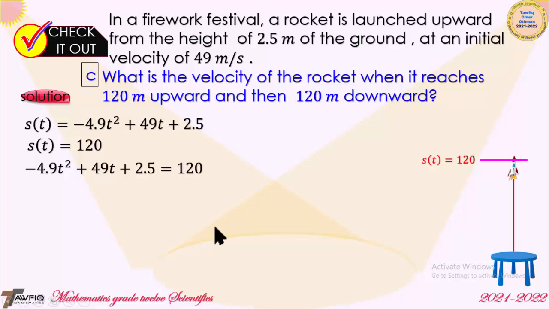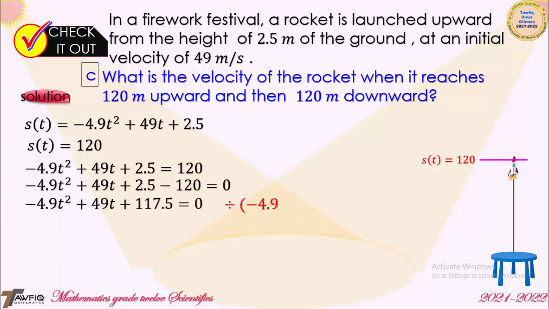By taking 120 from right to left and simplifying, it becomes t squared minus 10t plus 24 is equal to 0. Now factoring, it becomes (t minus 4)(t minus 6) is equal to 0.